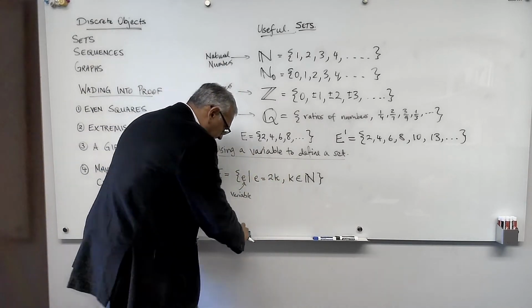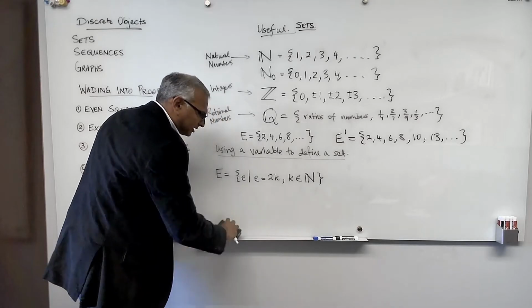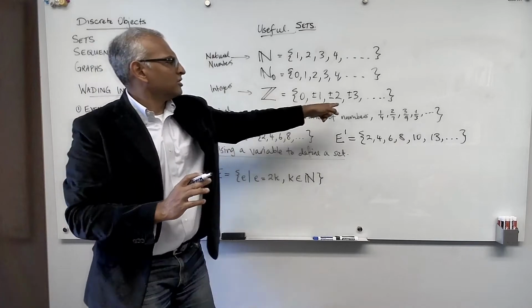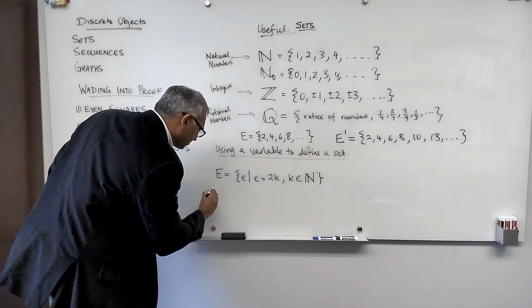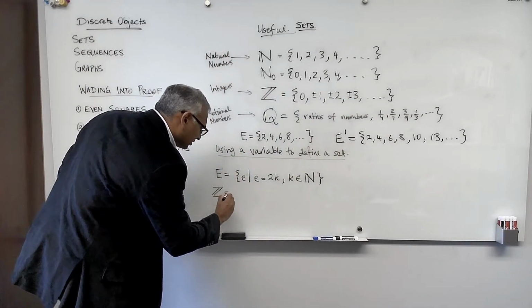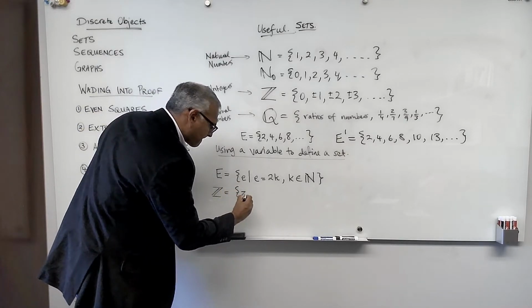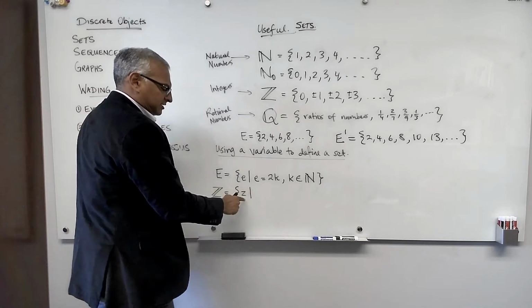Now I'm ready to give you the formal definition of the integers, and I don't need to use fill in the blanks. So the integers are equal to a set. I need a generic representative z. And what are the properties that z must satisfy?